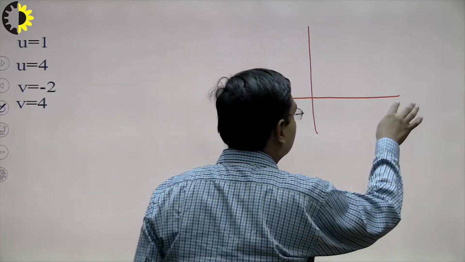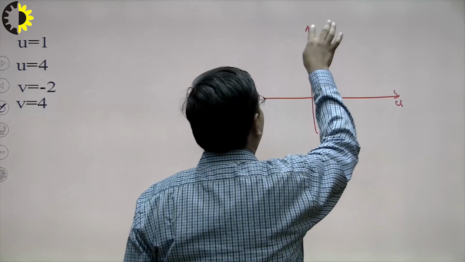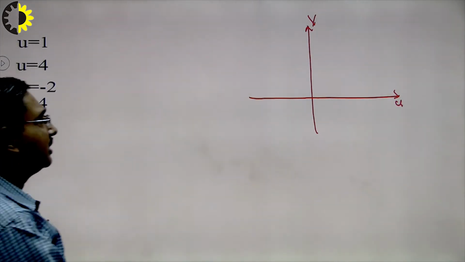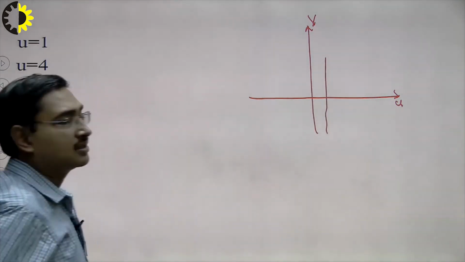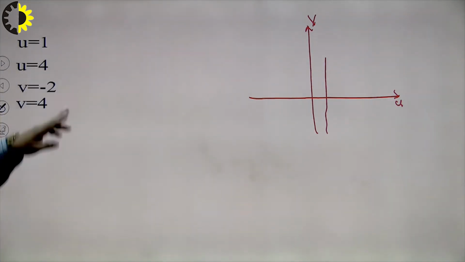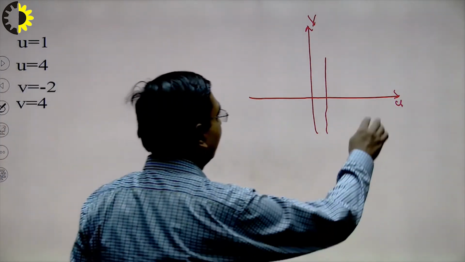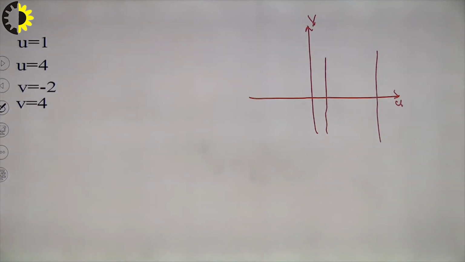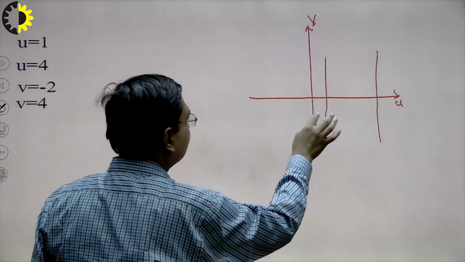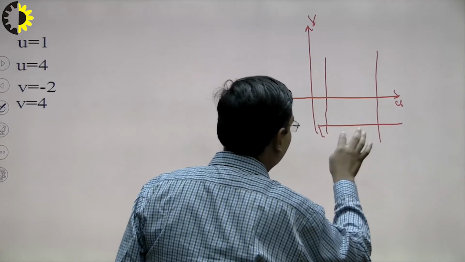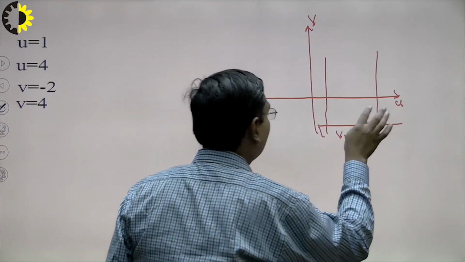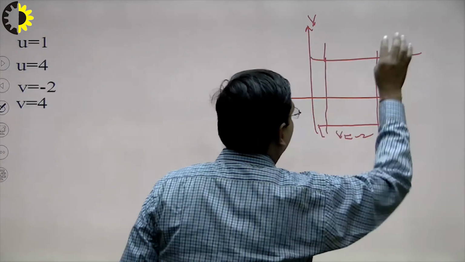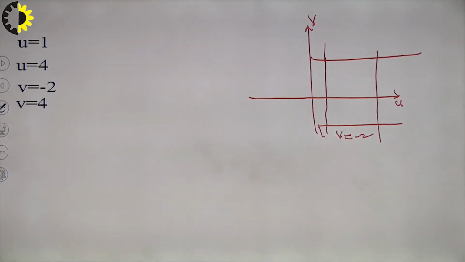I write this as the u axis and this axis as the v axis. u equals 1 is a line parallel to the v axis at a distance 1 from it. u equal to 4 is a line parallel to the v axis at a distance 4 from it. v equals minus 2 will lie below the u axis, and v equal to 1 will lie in the upper part, parallel to the u axis.